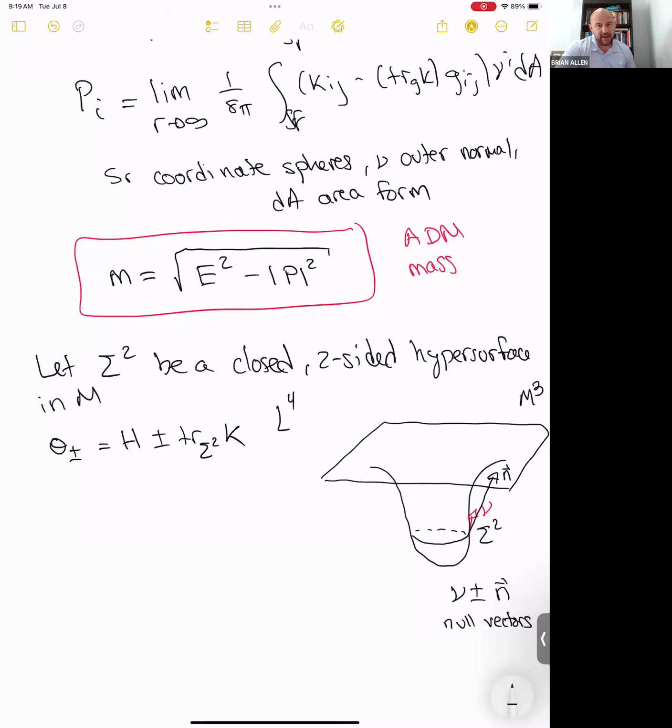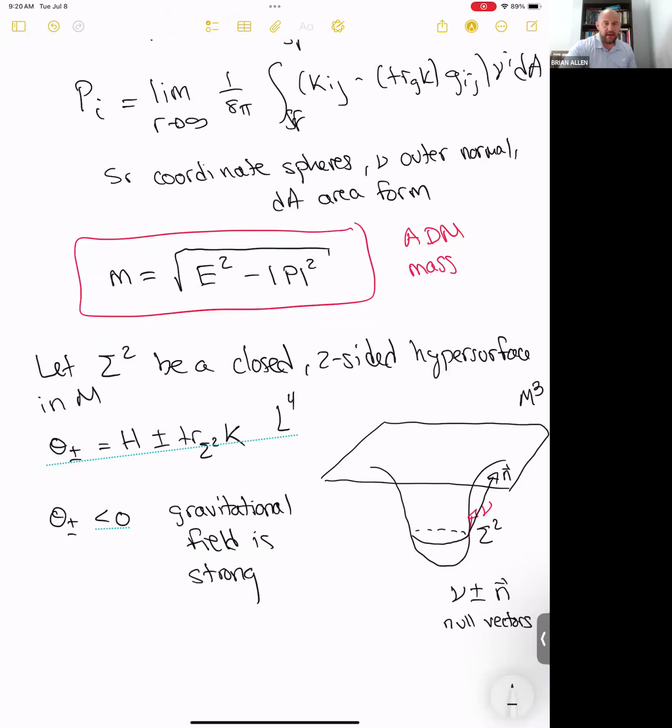And since we care about when that area is decreasing, we consider that the light is actually trapped inside of a region. And if it's increasing, then we say that it's untrapped. And this is a way of measuring the gravitational field, whether it's strong or not. When it's negative, we say that the gravitational field is strong, right? So if theta plus or minus is negative, then the idea is that the gravitational field is strong.